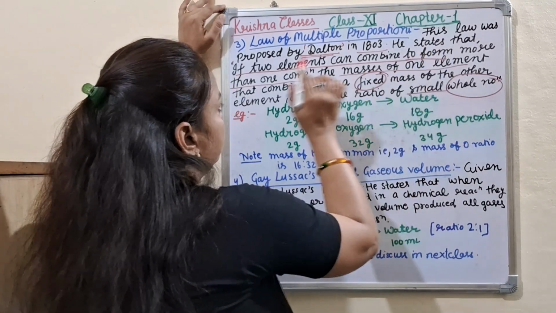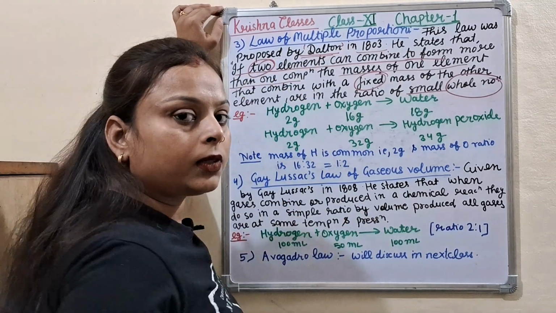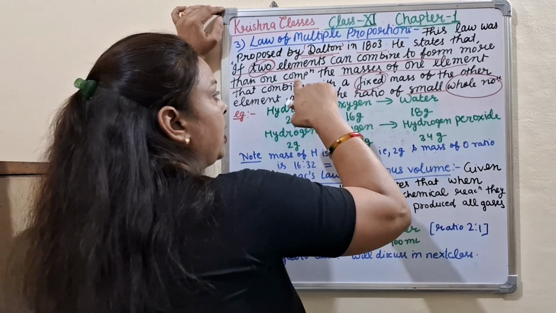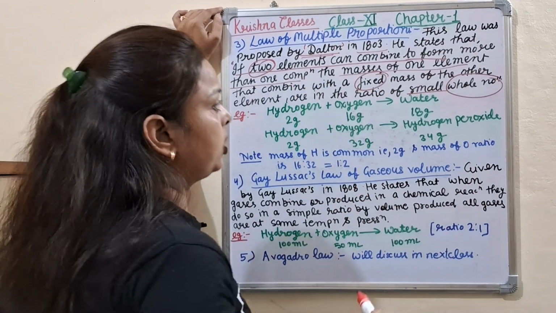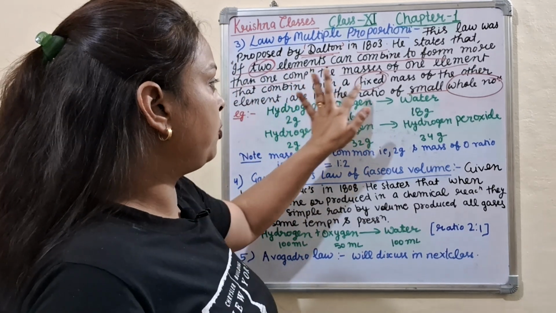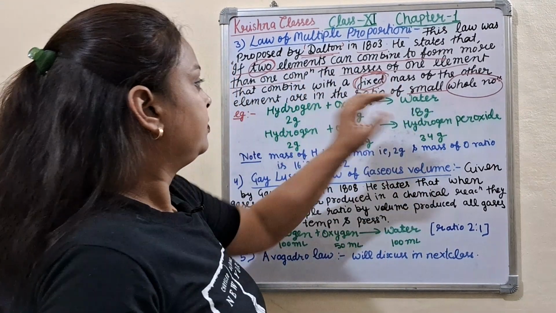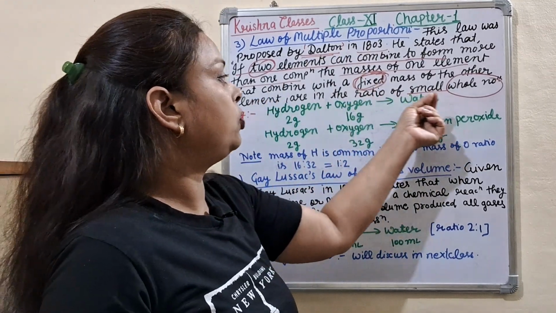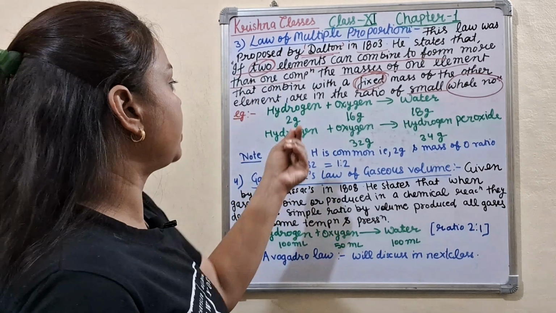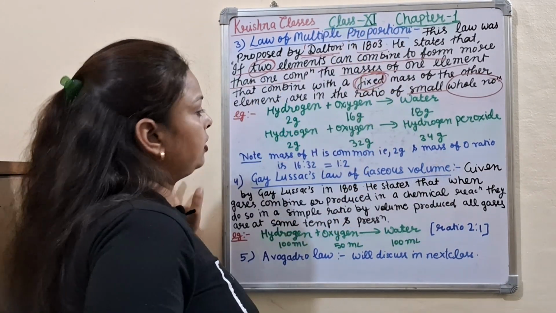He states that if two elements can combine to form more than one compound, the masses of one element that combine with a fixed mass of the other element are in the ratio of small whole numbers. What does this mean? Let's understand with an example.